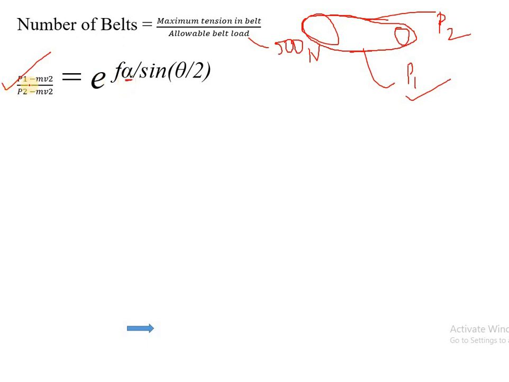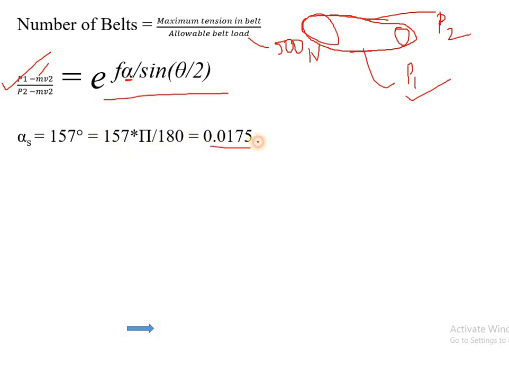So first we will find out alpha. In this, we know m, we do not know v, and we do not know alpha. So first we will solve this term. Alpha is given directly, sorry, it is given as 157. We simply have to convert it into radians, so we multiply by pi by 180.